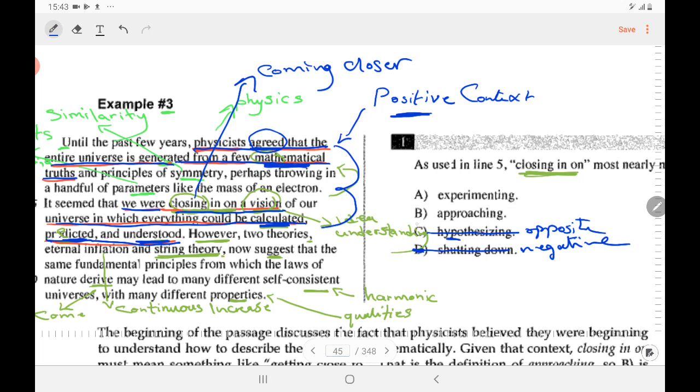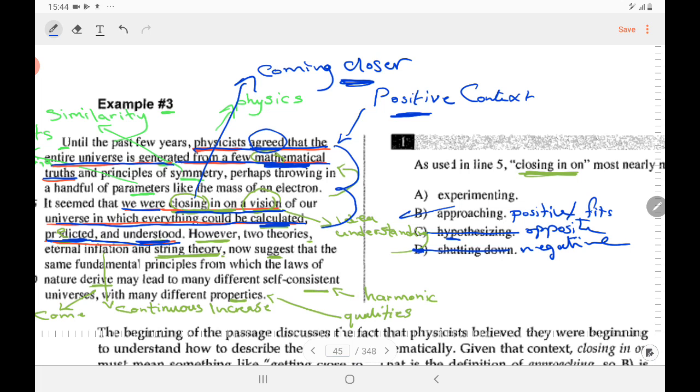Let's have choice B, approach. Approach means reach, come closer, come nearer to. It matches our word over there, and it's positive too, so I like this one. And it fits the context too. Okay. Experiment, to experiment. Choice A. Let's insert it.